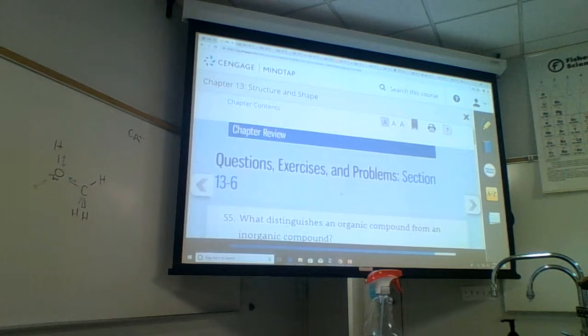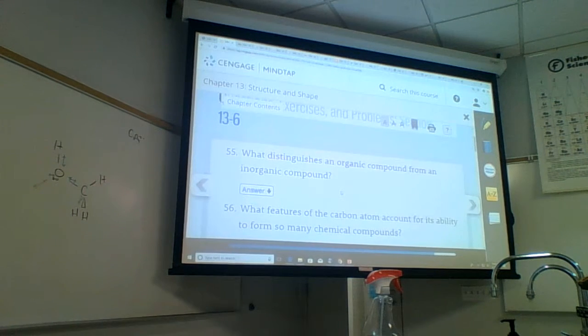Those are multiple choice. What distinguishes an organic compound from an inorganic compound? Organic compounds are typically carbon-hydrogen-based compounds.